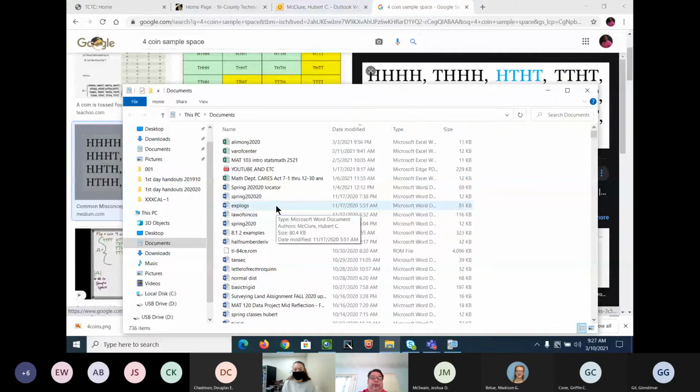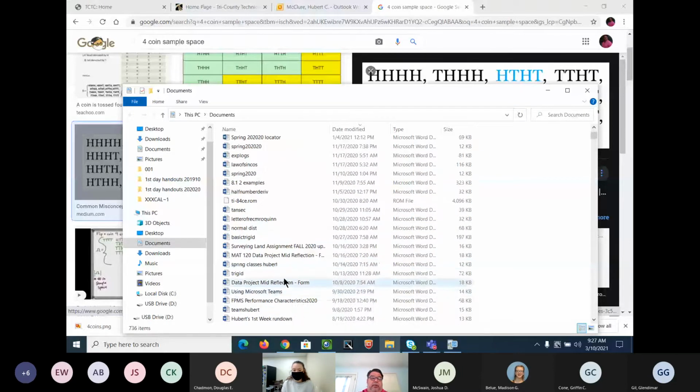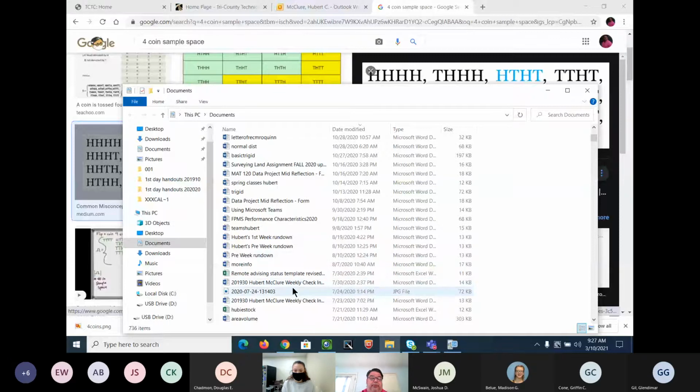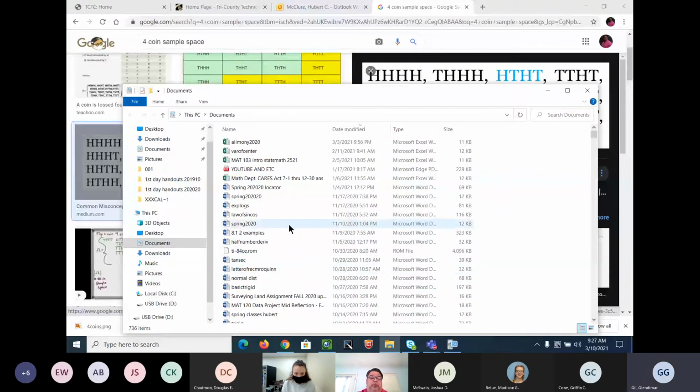I don't know where it is. Well, I can't see it right now, but anyway, anybody see it? Should say sample spaces. I don't know why it doesn't have sample spaces on it. No, my screen's currently frozen.